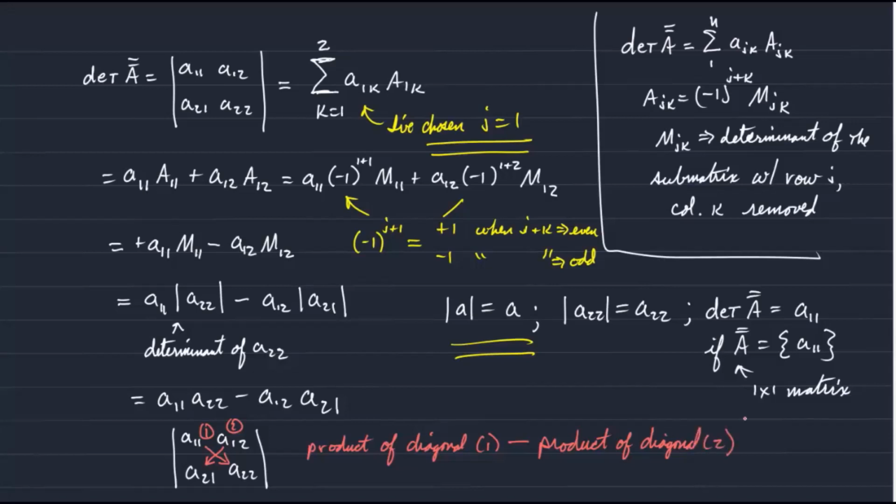I'm using the word diagonal somewhat loosely, but if we go from upper left to lower right, multiply those two, that's what I mean by the product of diagonal 1, and then the product of the upper right to lower left term is the product of diagonal 2. And that's equal to the determinant of a 2 by 2 matrix.